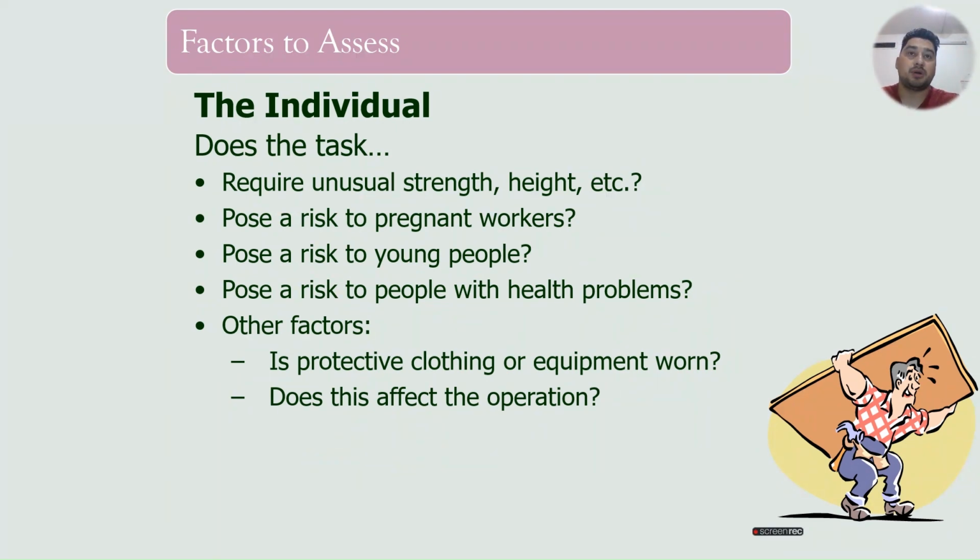It may pose a risk to pregnant workers. Who's going to lift, a pregnant worker or woman, or young people? It may pose a risk to people with health problems. Another factor is protective clothing or equipment worn. Does that affect the operation? So these are the things you have to check whenever you are assessing the factors related to the individual.